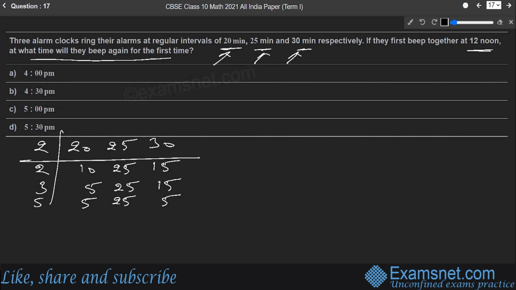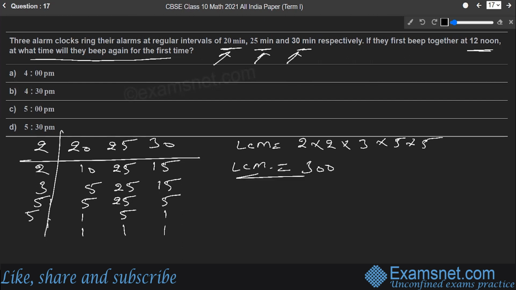Now we'll use 5, because 5 can divide all of them: 1, 5 and 1. We can have one more 5 here, and then reduce them to 1, 1, 1. So the LCM is the product of all these factors: 2 into 2 into 3 into 5 into 5. 4 threes are 12, 12 into 25 comes out to be 300. The LCM value is 300 minutes.